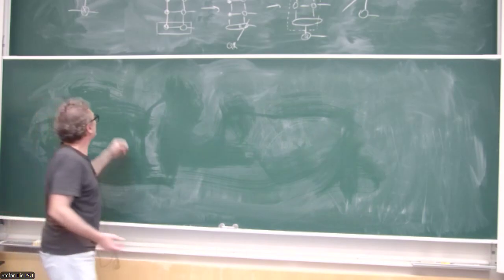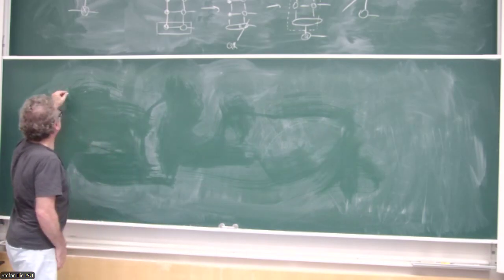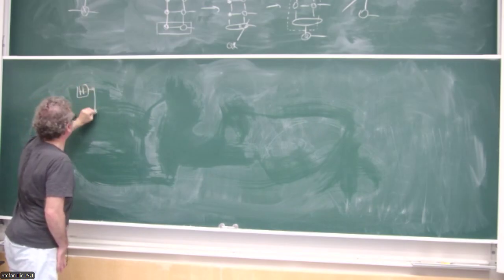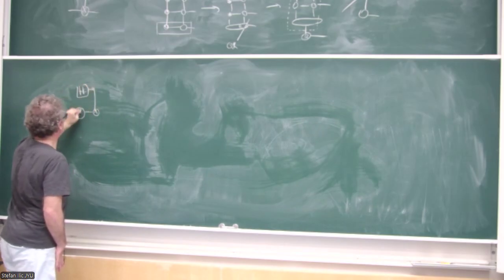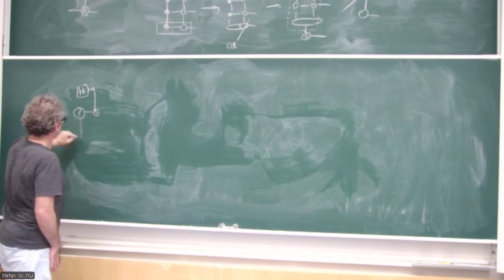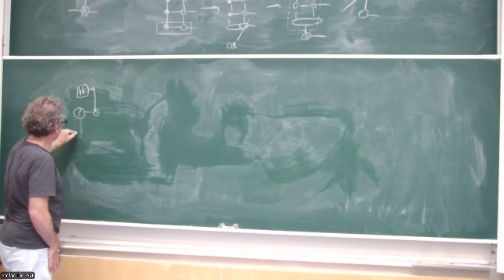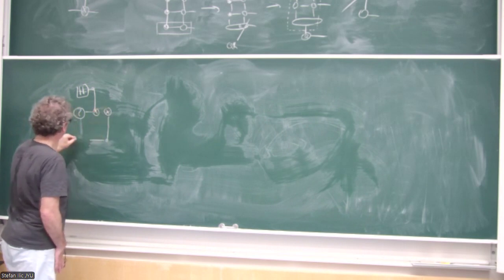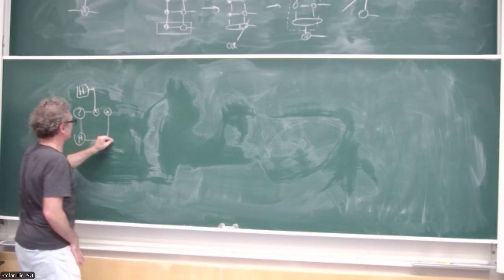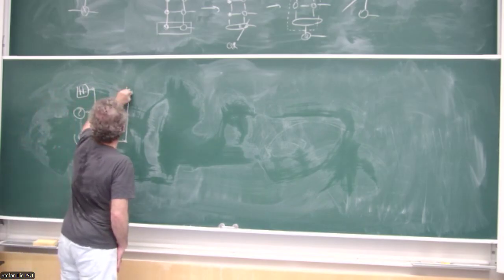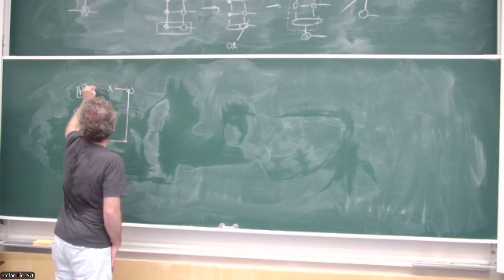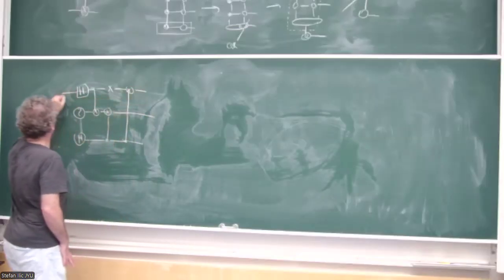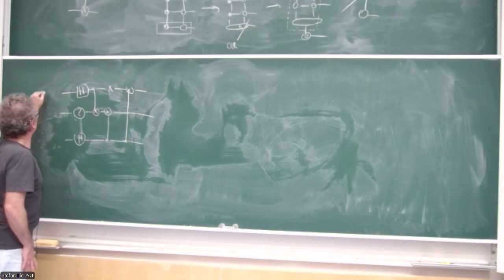So we have a quantum circuit. Any quantum circuit, maybe the favorite one, but maybe a slightly different one. Then we start with 0.